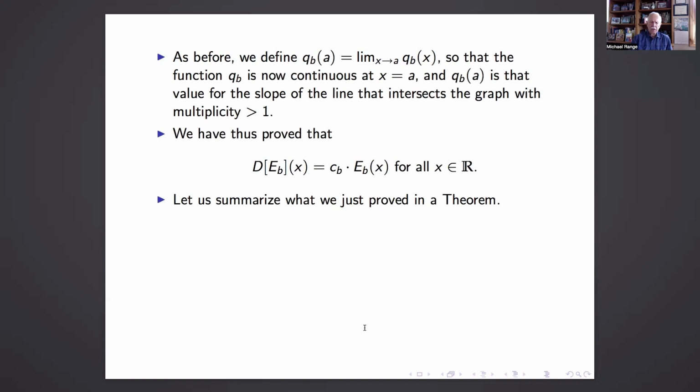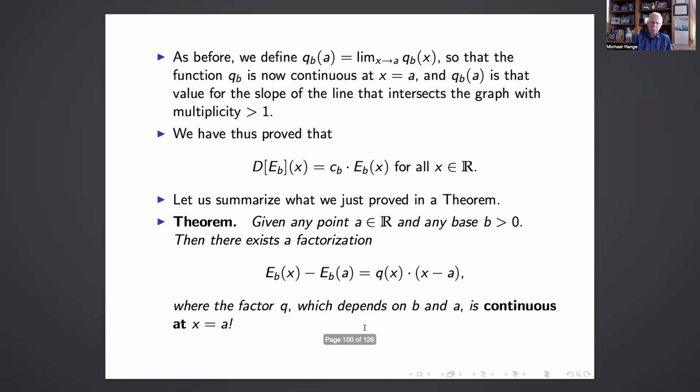So let us summarize what we just proved in a theorem. Given a point a in R and any base b greater than 0, there exists a factorization e sub b at x minus e sub b at a is equal to q at x times (x minus a), with the factor q, which depends both on b and on a, continuous at x equals a.